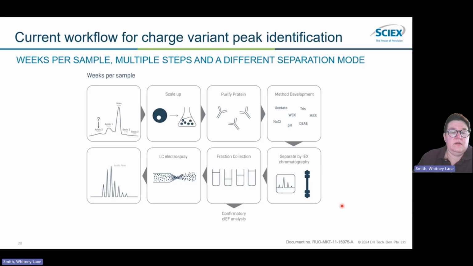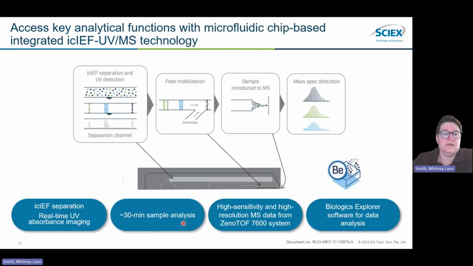Typically, we were having to scale up and do some ion exchange chromatography, do fraction collection, send some of it to mass spec and some of it to the CIEF, and then have to do a correlation between the two. But we have integrated that into a single function or a single system.